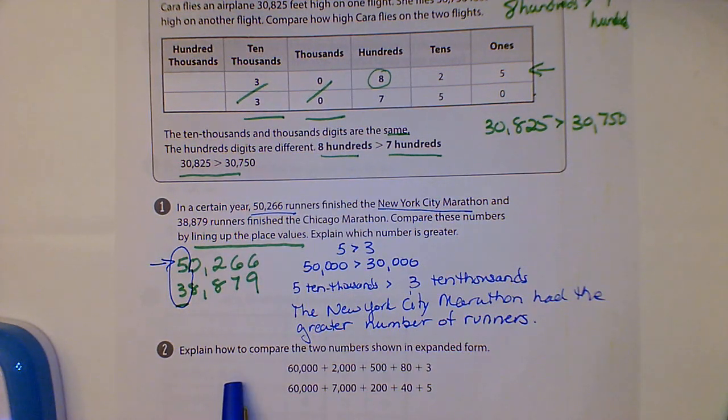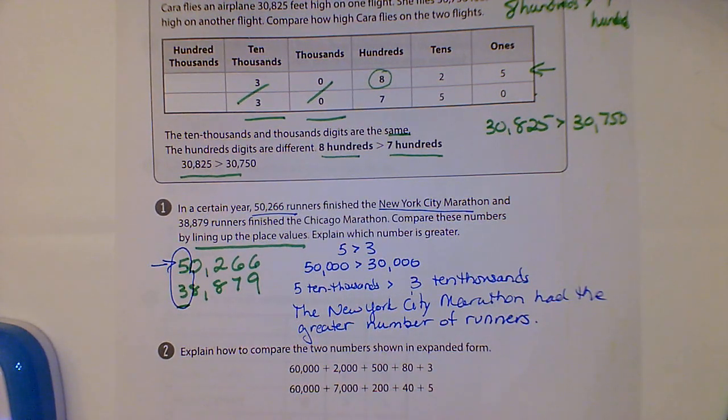So here we go. Explain how to compare the two numbers shown in expanded form. So here what we would do is, first we would compare the 10,000s. They're the same, so then we would compare the thousands, and that's what we're doing here. They're just in expanded form.